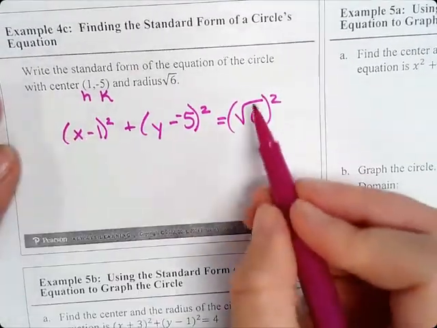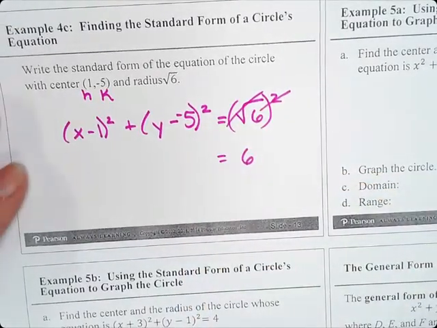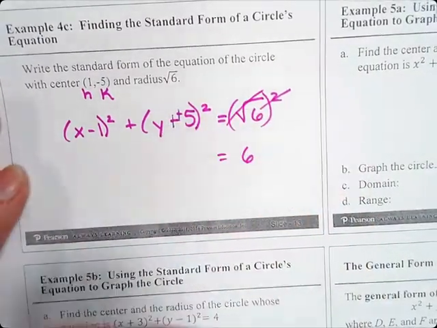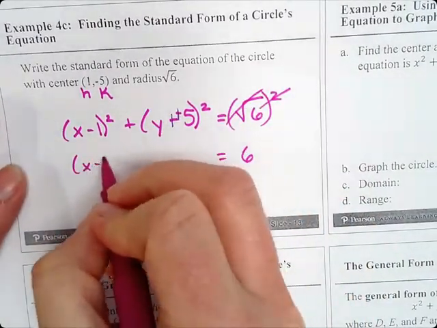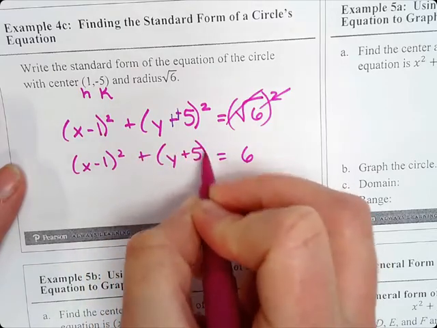Right, the square root and square root cancel, leaving us with just 6. And then the only thing that changes here is that it's y plus 5. So it's (x minus 1) squared plus (y plus 5) squared equals 6.